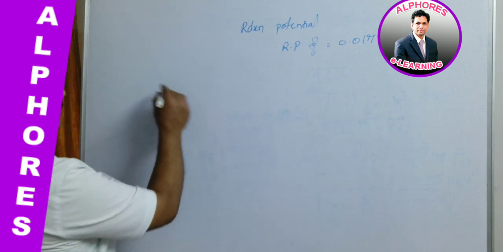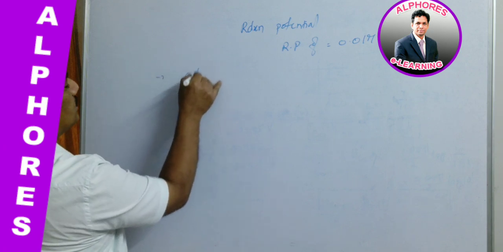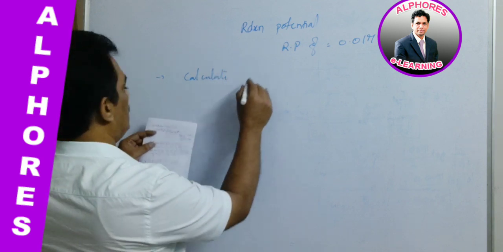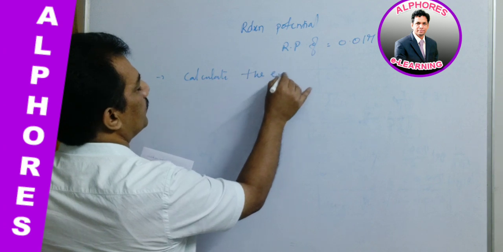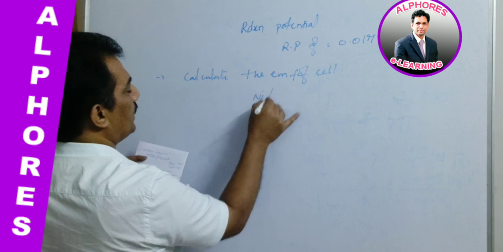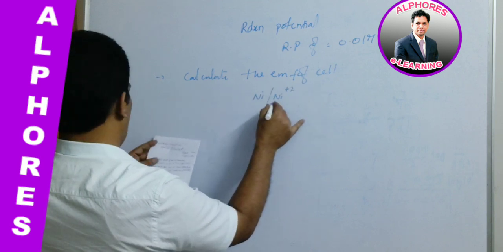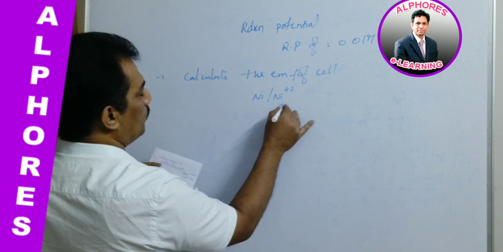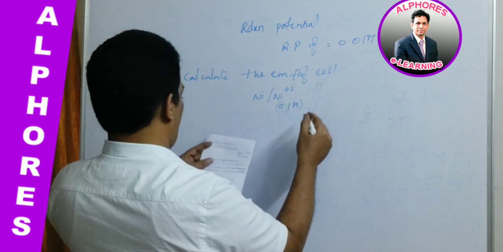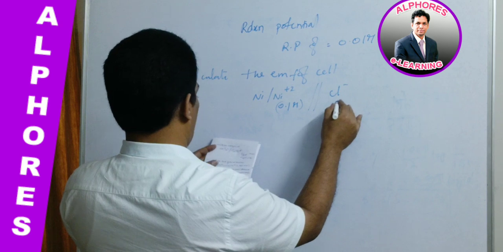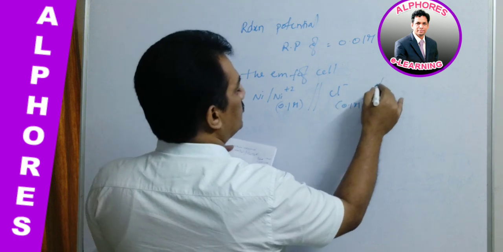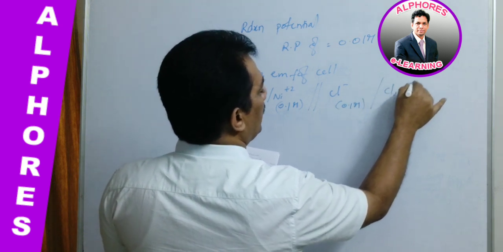Here the first question is given like this: calculate the EMF of the cell given as Ni, Ni+2 0.1 molar, and Cl minus 0.1 molar, Cl2, platinum.